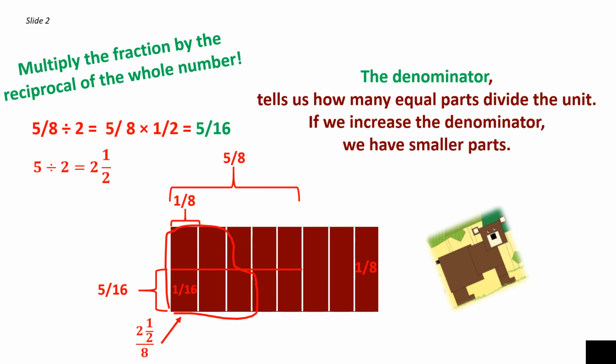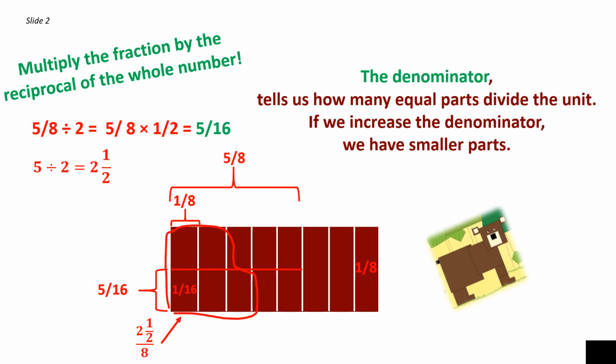Let's look at this computation one more time. We know that when we multiply a fraction by a whole number, we are only multiplying the numerator. We're increasing the number of equal parts that we have.